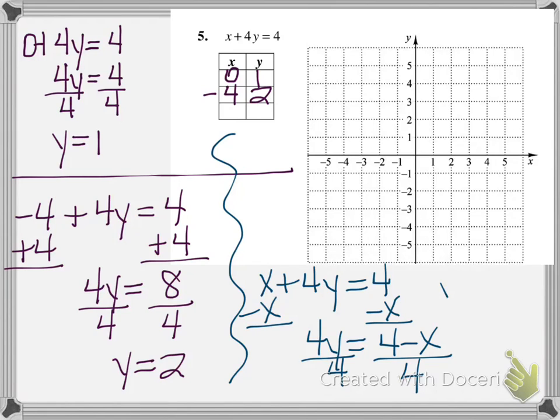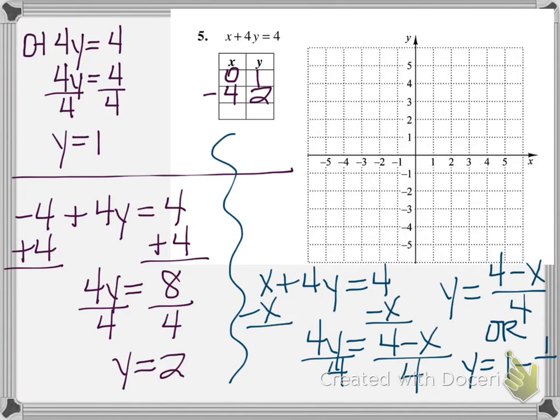So you would get y equals 4 minus x over 4. If you do that, that kind of helps you with the forecasting of what types of numbers are going to work. You can also divide that 4 into both parts of your numerator. So it would be y equals 4 divided by 4, which is 1, minus x over 4, or 1/4.